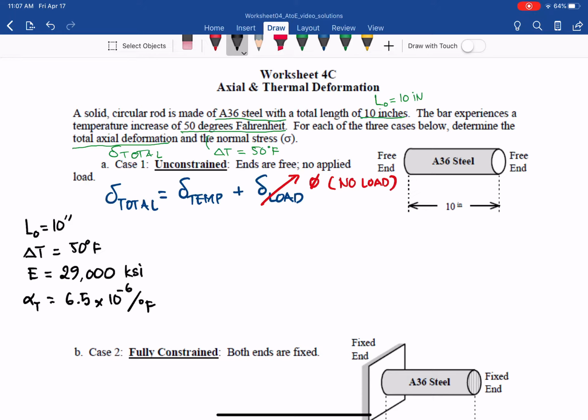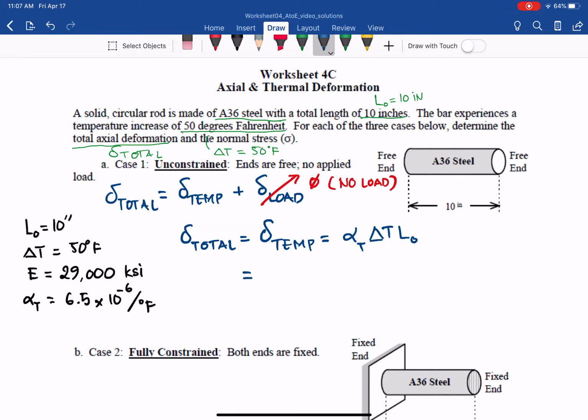Delta total in that case only equals delta temperature, which equals alpha T delta T times L naught.